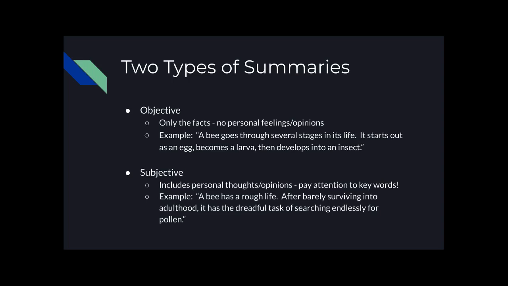In this case, referring to the bee's life as rough and using the term dreadful, these are key words that help clue us in that this isn't necessarily a fact. This is an opinion that's based on facts.